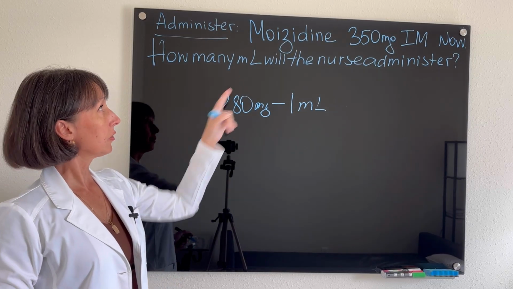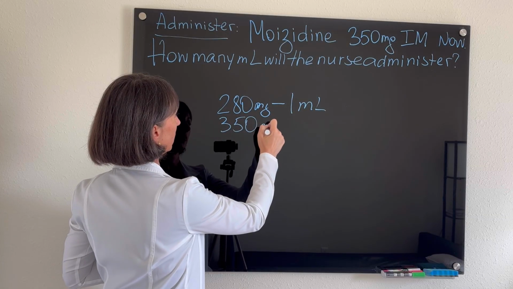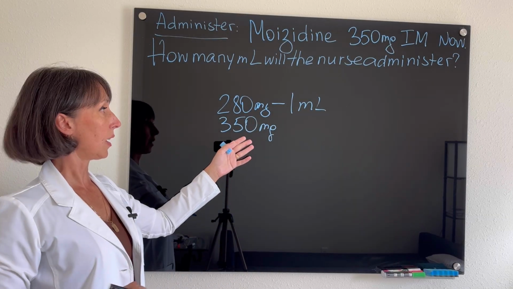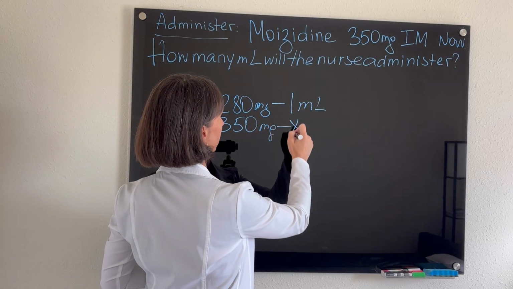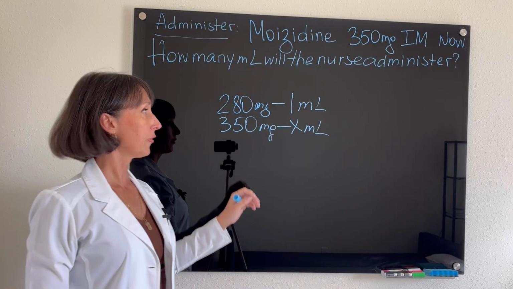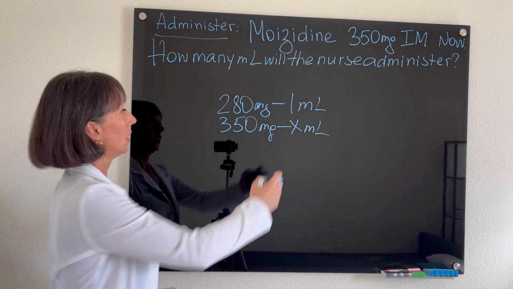How much do I have to give? 350 milligram. 350 milligram is X milliliters. I don't know how many milliliters. I verify that I have my milligram under milligram, milliliters under milliliters.